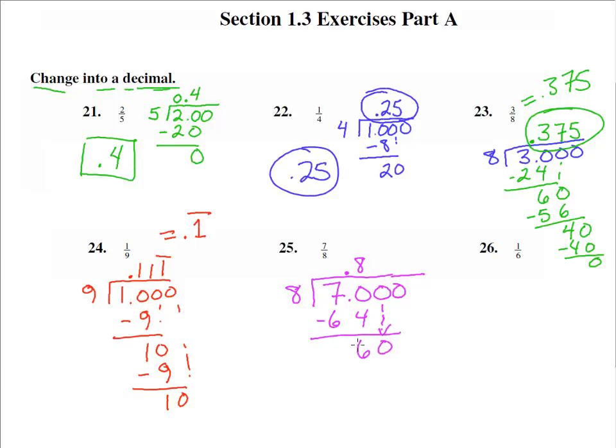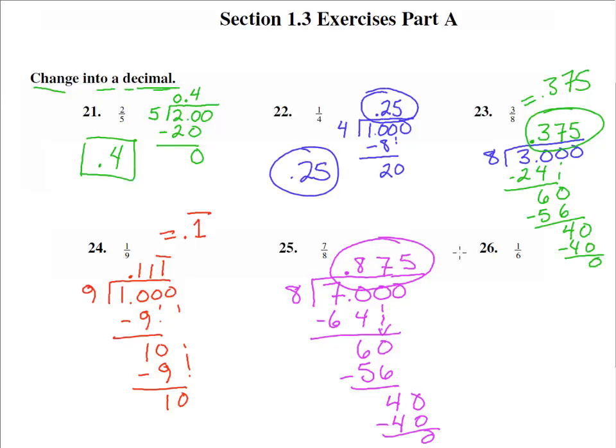Let me see, 8 times 6 is 48, 8 times 7 is 56, 8 times 8 is 64. So 7 is the highest one we can get. 7 times 8 is 56. Subtract, and we get a 40. 8 goes into 40, 5 times. And I think that comes out nice and even. Yes, it does. So 7/8 is 0.875.